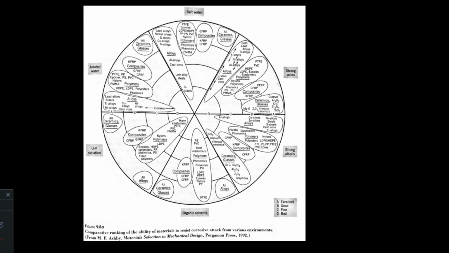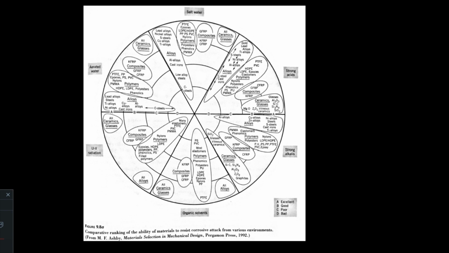So for example, if we wanted to take a look at the resistance of Teflon, we can see that Teflon performs really well in salt water.